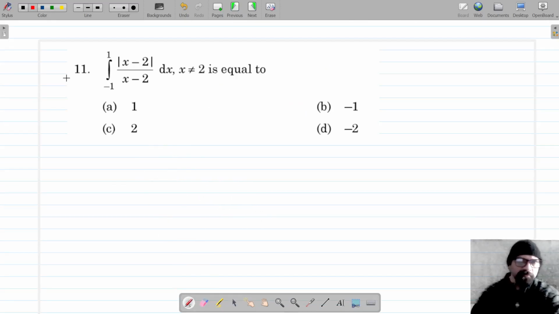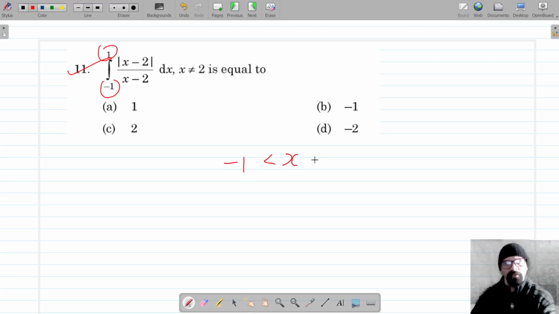For question number 11, we have to find the definite integral of modulus of x minus 2 upon x minus 2 for the limits negative 1 to 1. Here our x is greater than negative 1 but less than 1, and it cannot be 2 because for that the function is not defined.